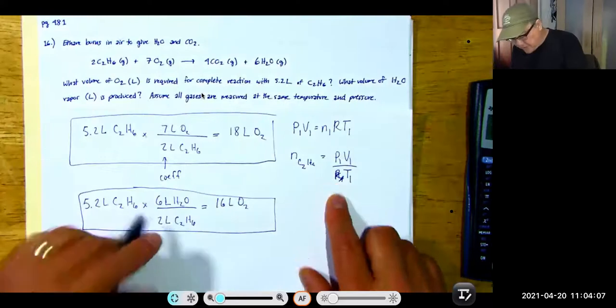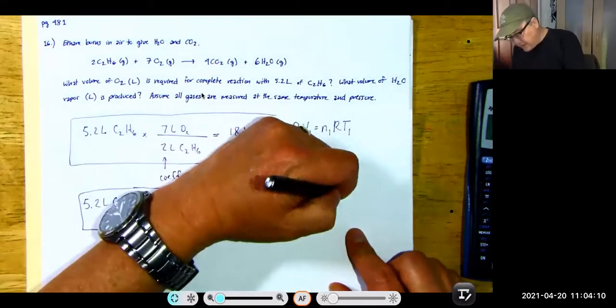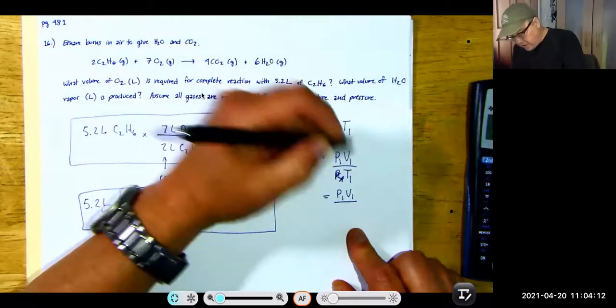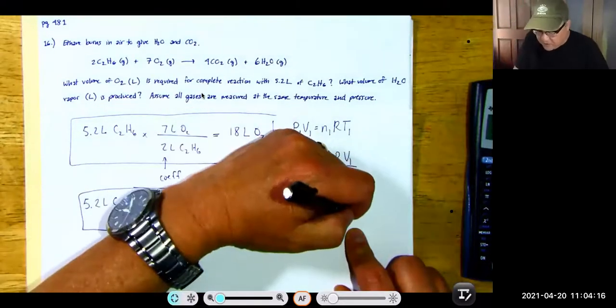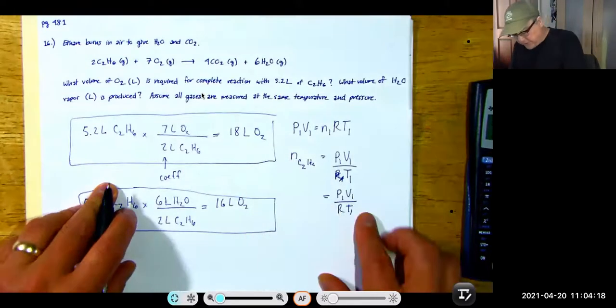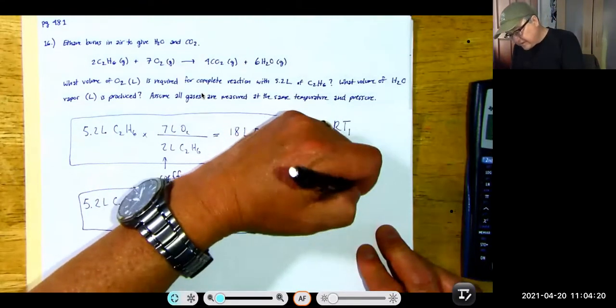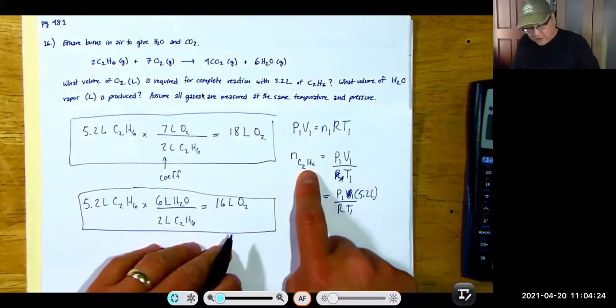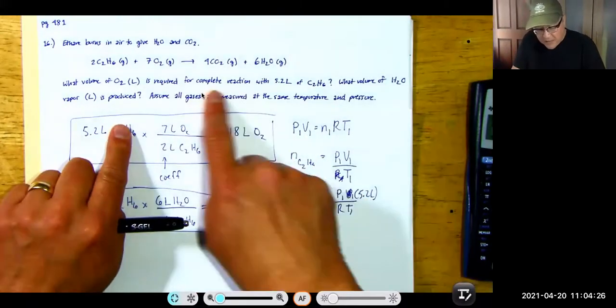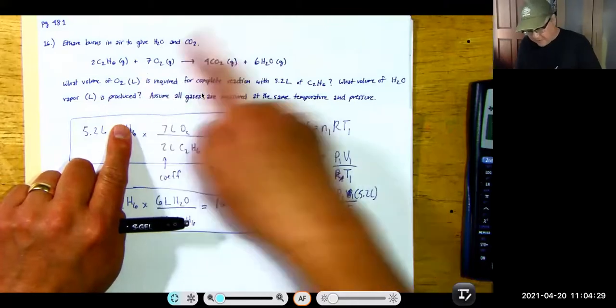Okay, so when we plug these numbers in, we get P1V1 over R, and here T1. And what was that volume we had? 5.2 liters. So that's the moles of C2H6. So here, if we want to know how many liters of this stuff, first we have to figure out the moles of O2.